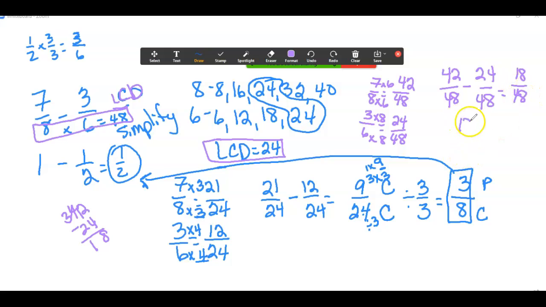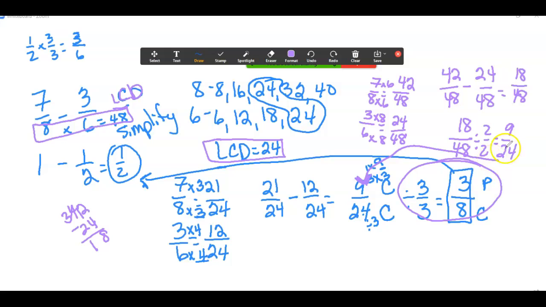Well, I know that both 18 and 48 are definitely divisible by 2. Oh, and look at that. If I divide by 2, it gets me back to this. Okay, so then I have to divide it again like this with this step that we used.